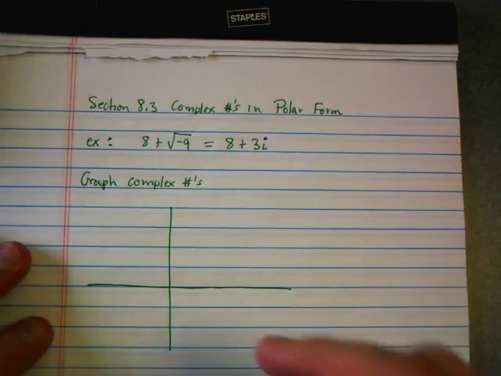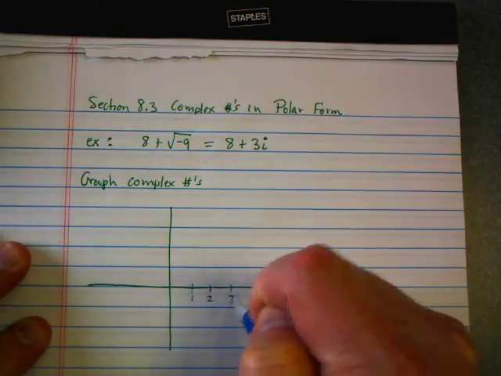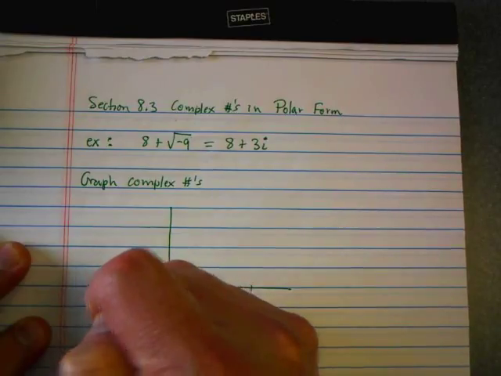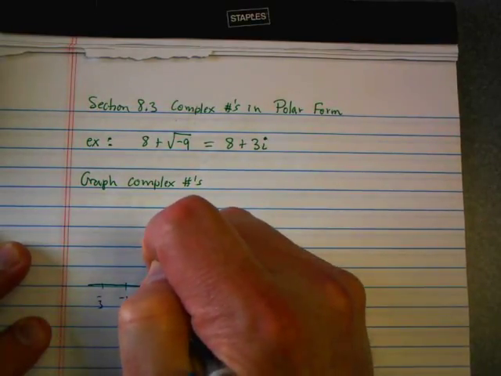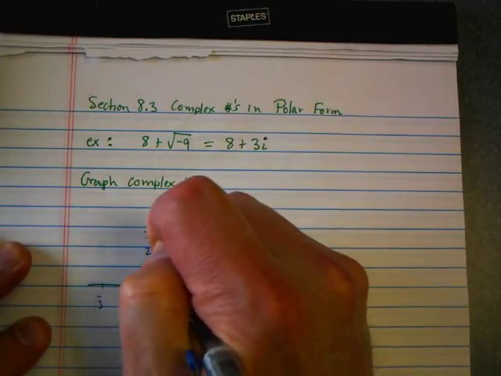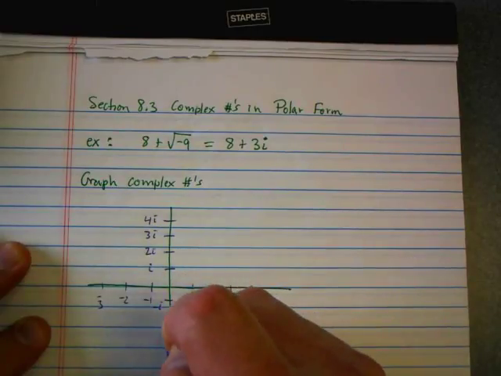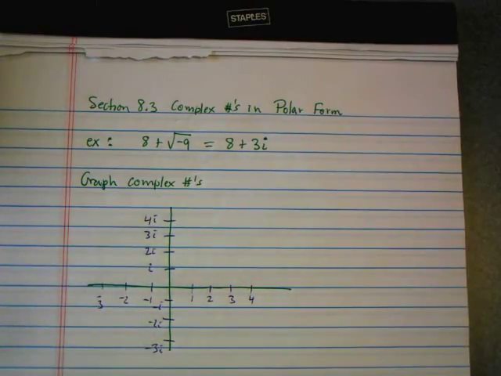On the x-axis, we're going to have the real part, and on the vertical axis, we're going to have the complex part.